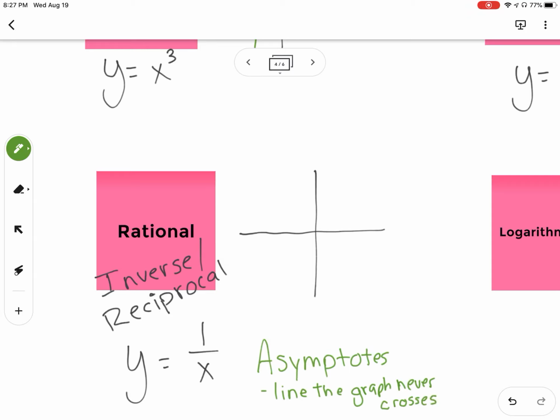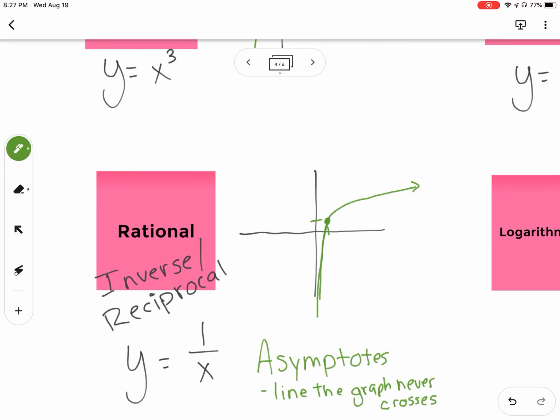But this one, our graph is gonna go 1, 1 here. It's kind of gonna go this way. It keeps getting bigger there, but this one, if I keep putting numbers under 1, the only way we can't make it 0 by putting a number under a 1. So it's never going to get to 0.